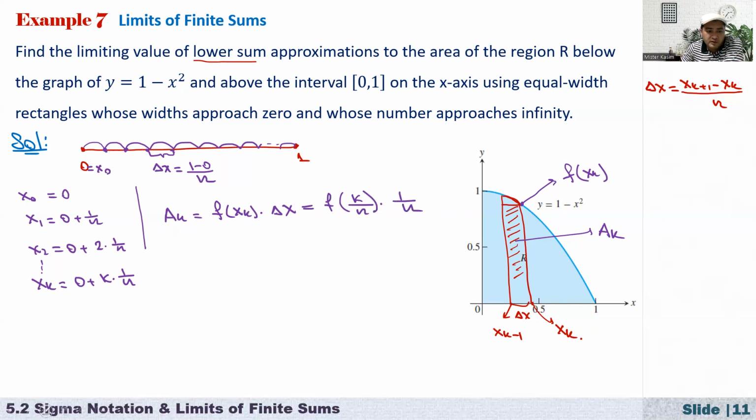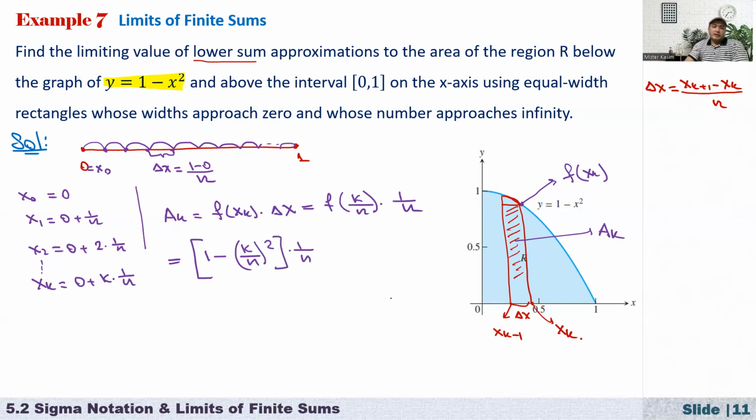And we know our function is given as y is equal to 1 minus x squared. So here we have 1 minus x sub k, which is our x input value, k over n, squared, right? And still we have here 1 over n.